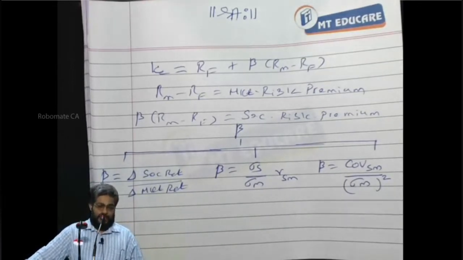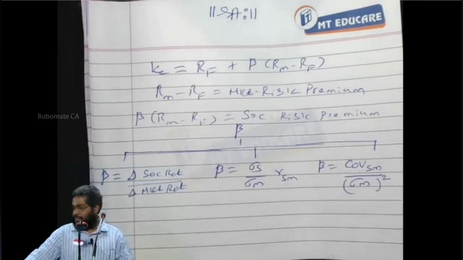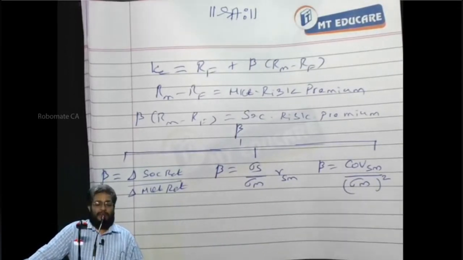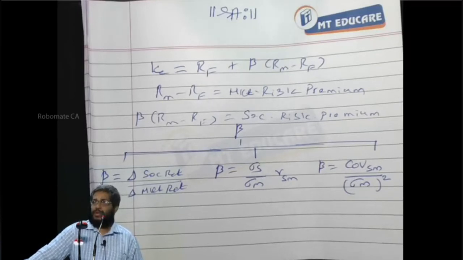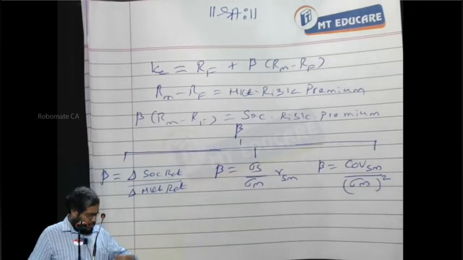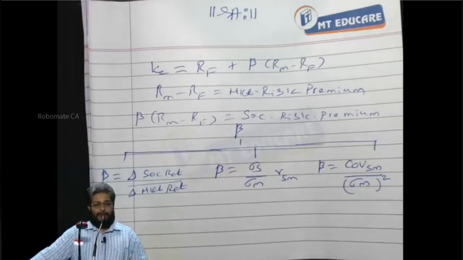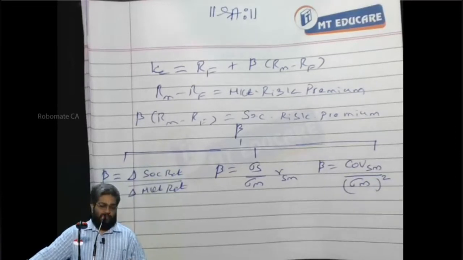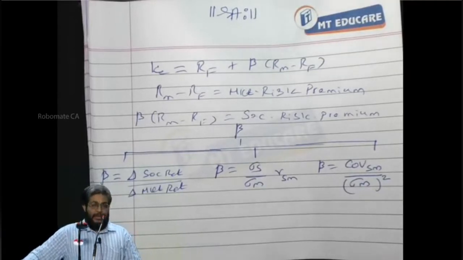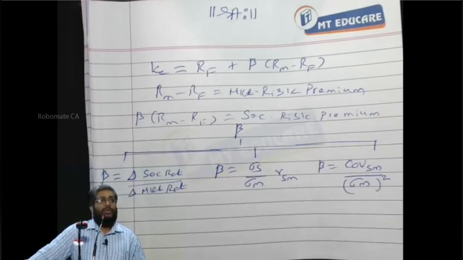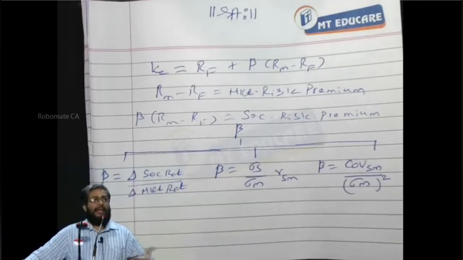For example, there is a security which is expected to give a dividend of rupees 2, growing perpetually at 6%, and has a beta of 2 times.